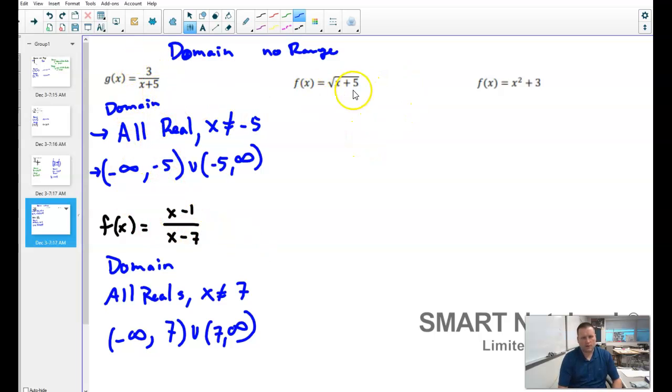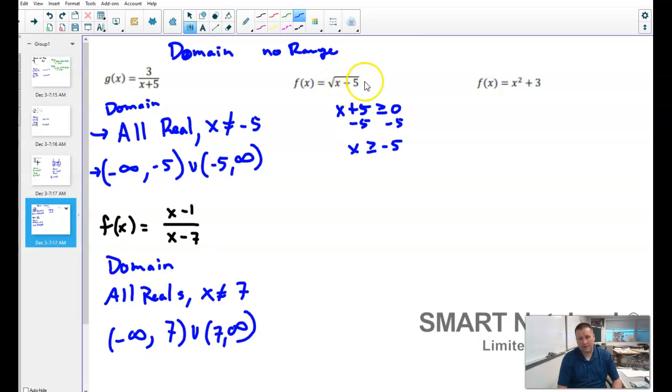If I see a square root, I don't ever want to take the square root of a negative number. So what I need to know is what makes x plus 5 greater than or equal to 0. And in this case, if I subtract this 5 over, that means that x is greater than or equal to negative 5. If I plug in negative 5, that gives me 0.